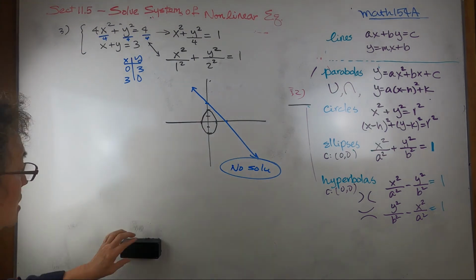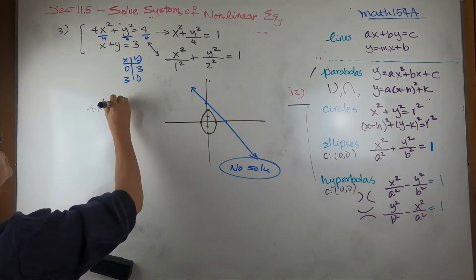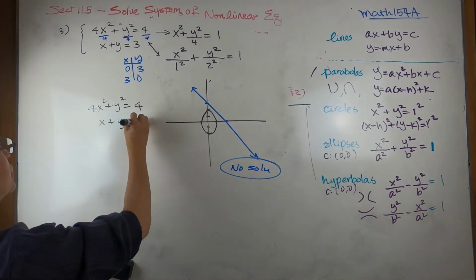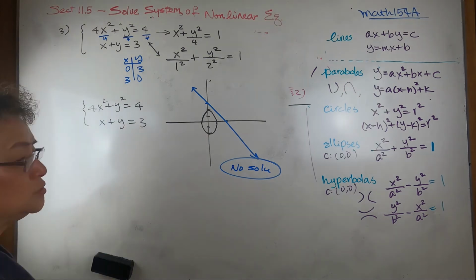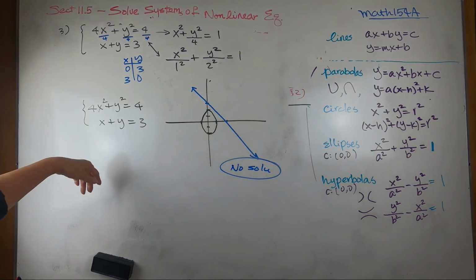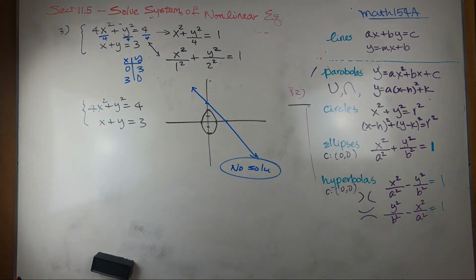Then how should we solve it algebraically? We have 4x squared plus y squared equals 4, and x plus y equals 3. If you use the elimination method and add them together, you cannot get rid of one variable. That will not help you.